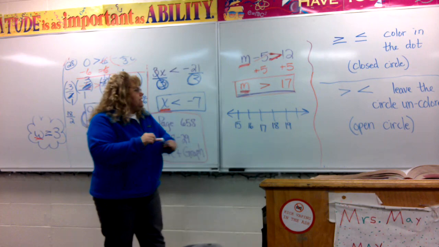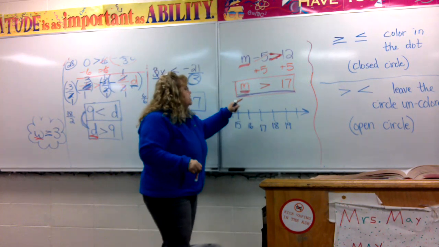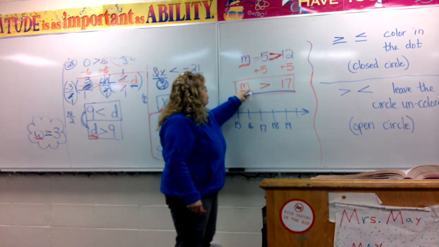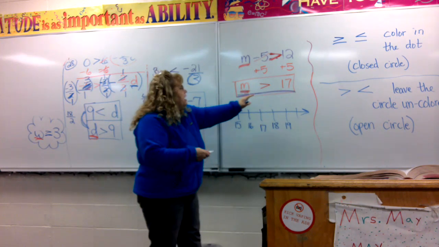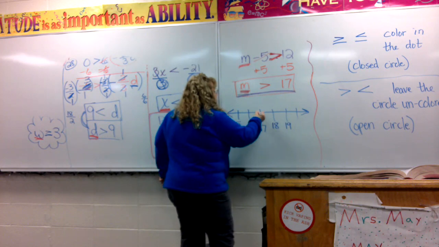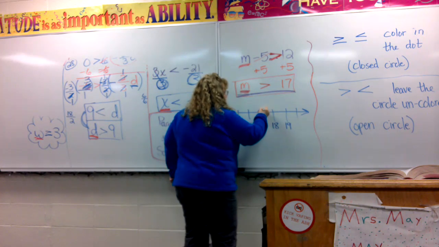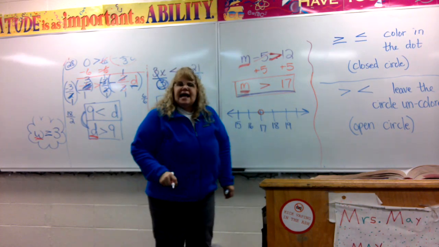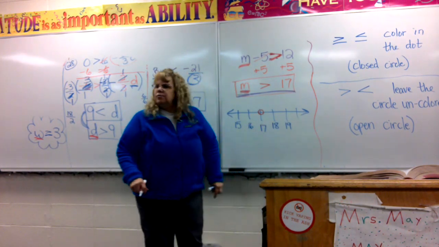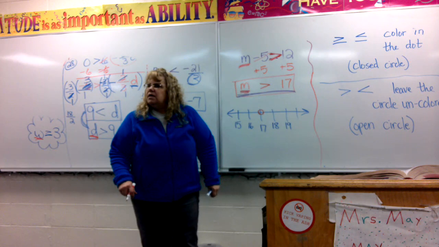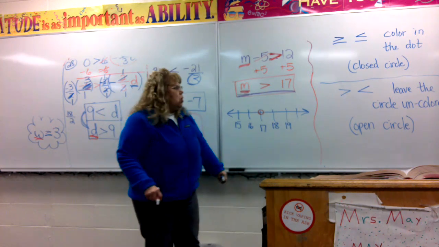When you go to graph this, you solve the inequality like we did yesterday, and then you're going to graph m is greater than 17. We're going to go to 17 and make a circle. And that circle, you're either going to leave it or color it in. Here's how you know what's what.